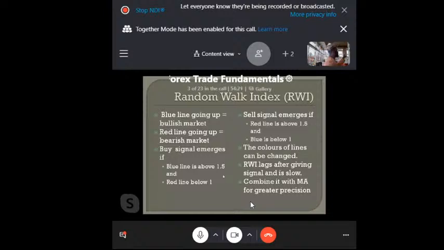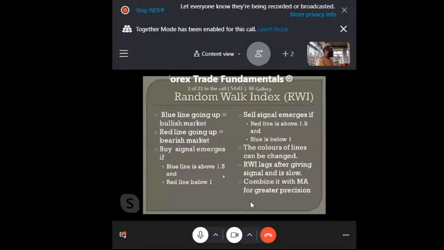Are we getting it? The blue line must be what? Above 1.5. And the red line must be what? Below 1 before you have a buy signal. You have a sell signal if the red line is above 1.5 and the blue one is below 1. That is when you have a sell signal.